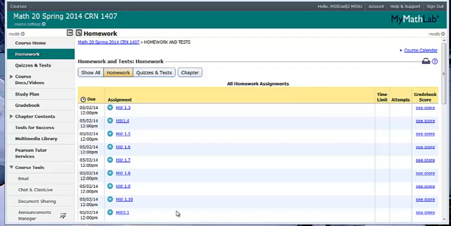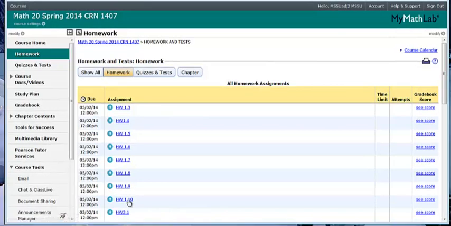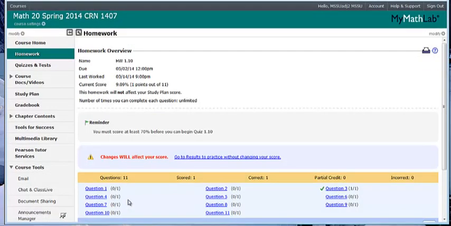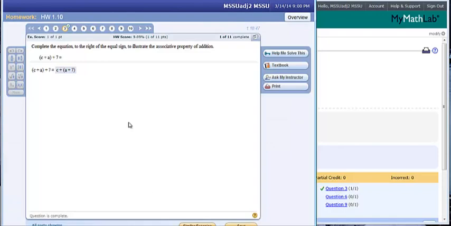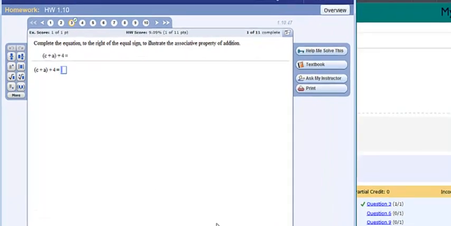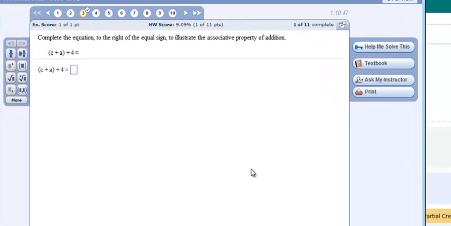Now let's open up your homework for section 10, and I'm going to work 2 problems with you. I'm going to work problem number 3 and problem number 9. So problem number 3 says complete the equation to the right of the equal sign to illustrate the associative property of addition.